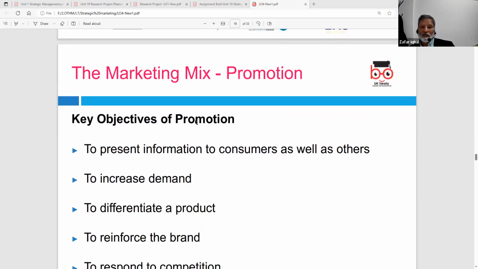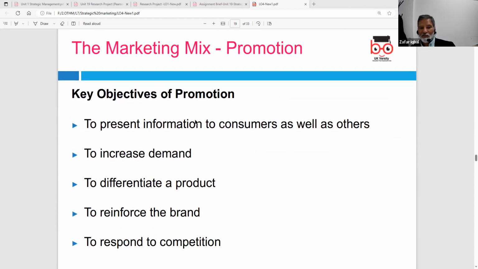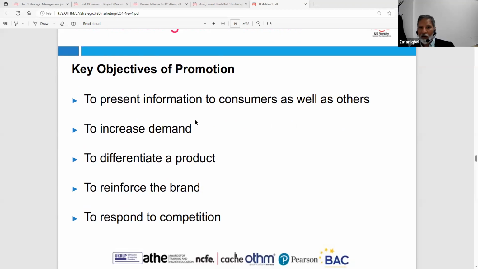And it makes sure that the product is there on the market and given to the consumers. The consumers are aware of the product because it's on the market. Promotion is there to increase the demand for the product. Promotion differentiates a product. Promotion reinforces in people's minds the brand, the product, the price, the ability of the product, and so on.